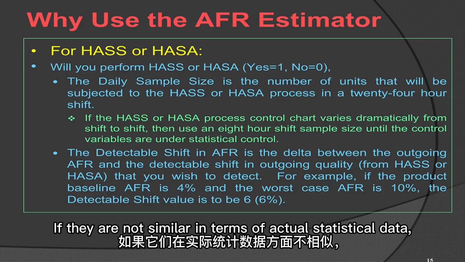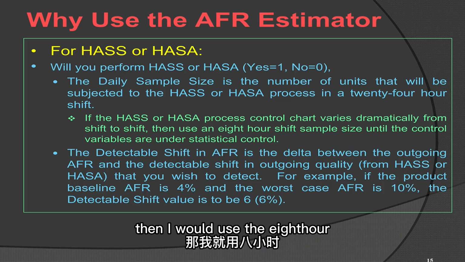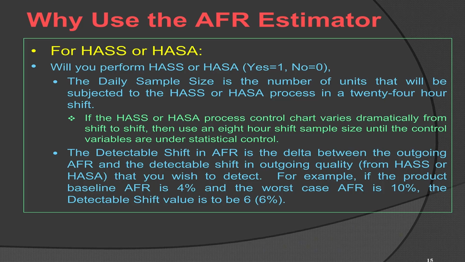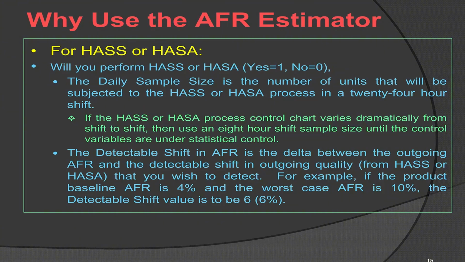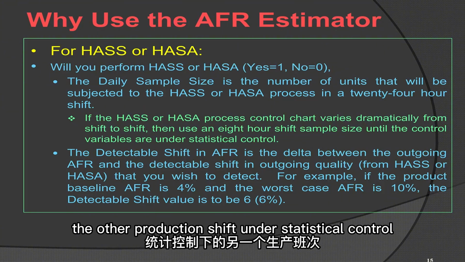If they are not similar in terms of actual statistical data, then I would use the 8-hour shift data from the best, until you can get the other production shift under statistical control.